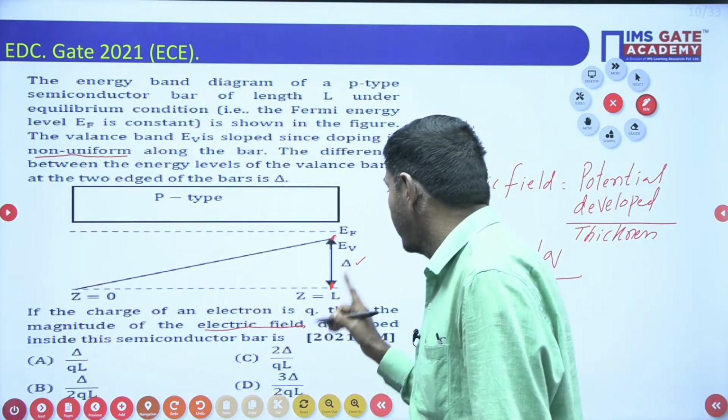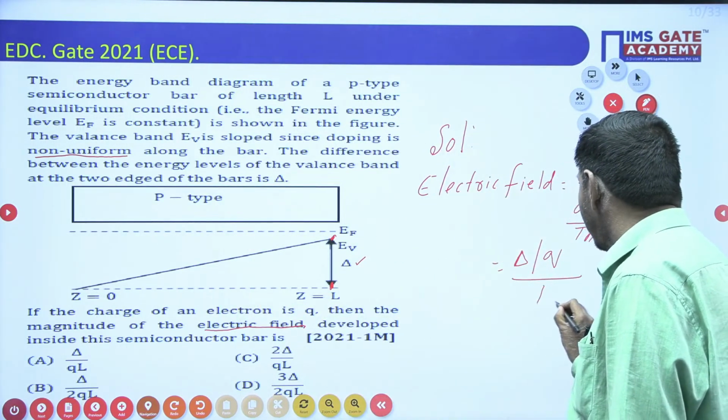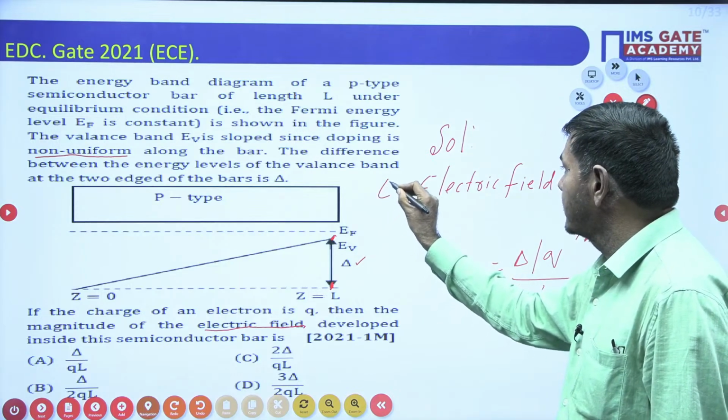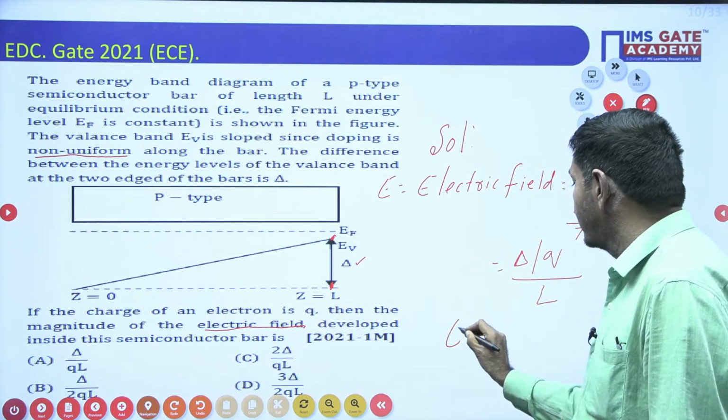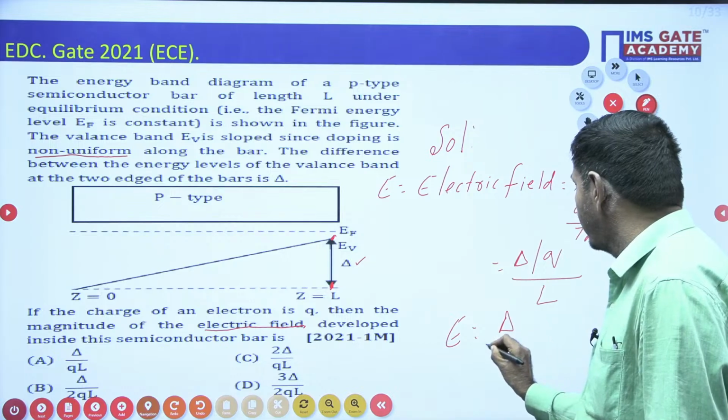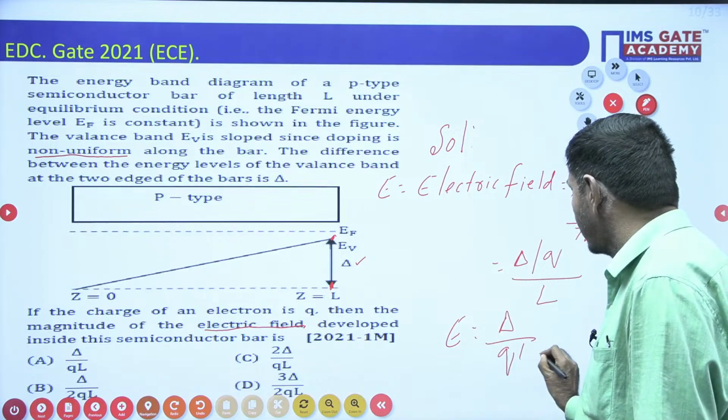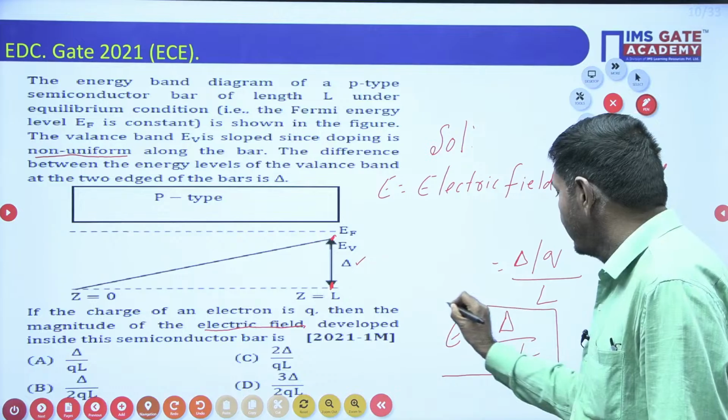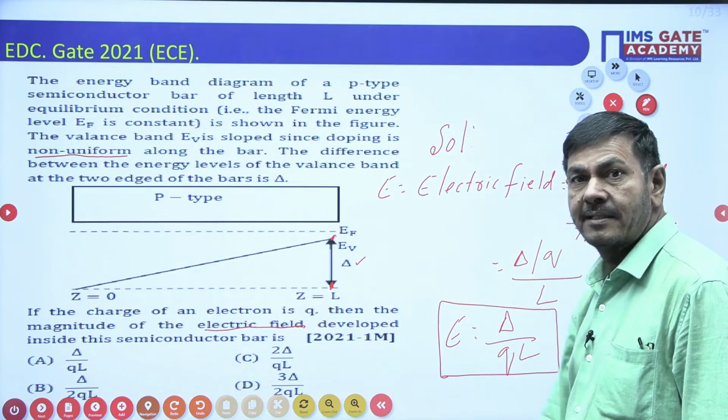From here to here, the length is L. Finally, this is the electric field intensity. I have taken E, and E can be taken as delta by q into L. In such a way, the electric field is calculated.